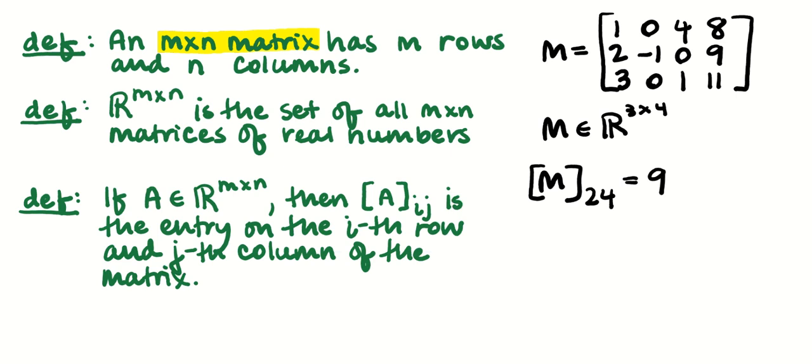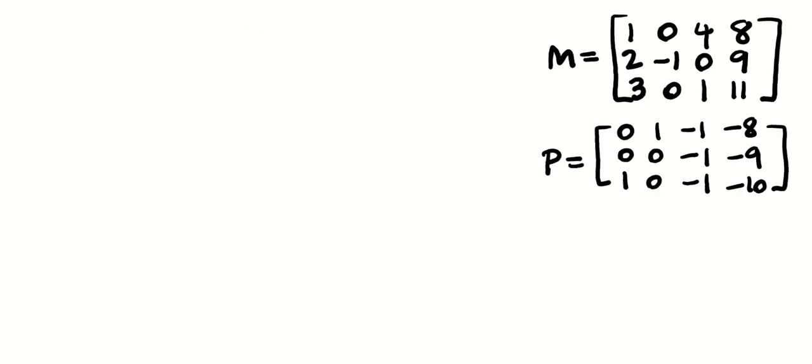Okay. And that'll be nice for describing how we're going to add two matrices. All right, so let's do that. If I add in a new matrix P over there, matrix addition works exactly like you think. I'm not going to prove this for you in this video. It would be really tedious. If you're really interested, you could do it yourself.